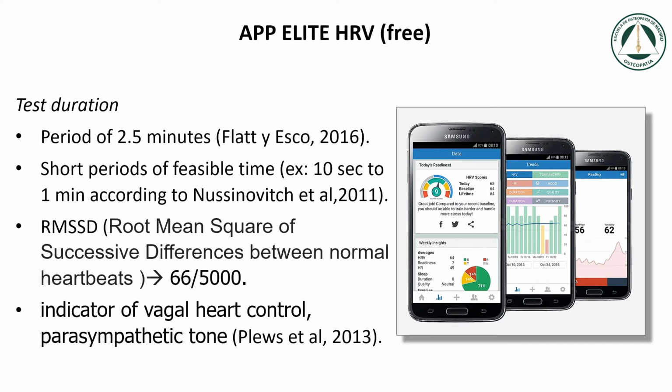RMSSD, root mean square of successive differences between normal heartbeats, is the square root of the mean of the squared differences of adjacent RR intervals. It provides an indicator of vagal cardiac control, which is parasympathetic tone. It corresponds to short-term variability.